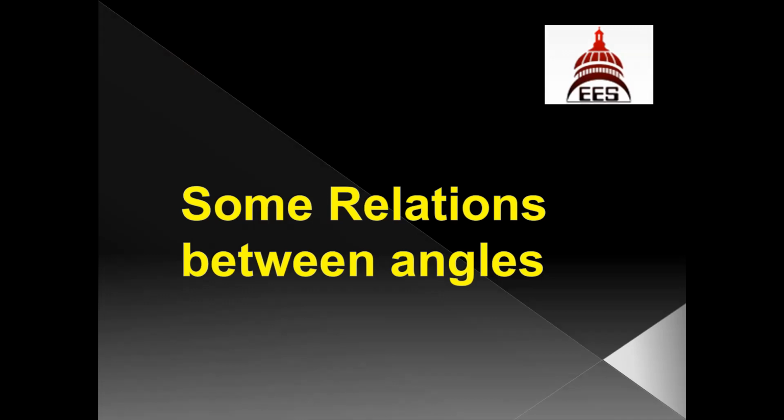The ray is a line segment extended from one direction infinitely, and the straight line is a line segment extended from both directions infinitely. The line segment is a subset of the ray, and the ray is a subset of the straight line. And we know that the angle is a union between two rays.